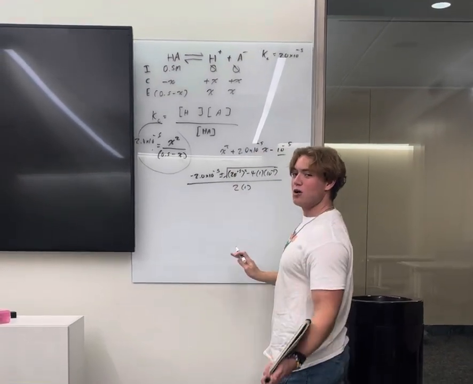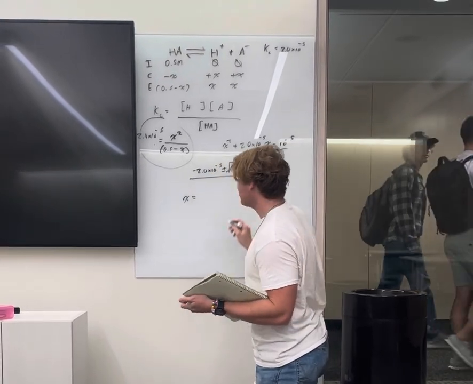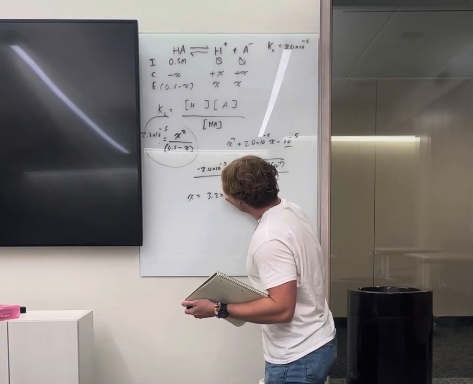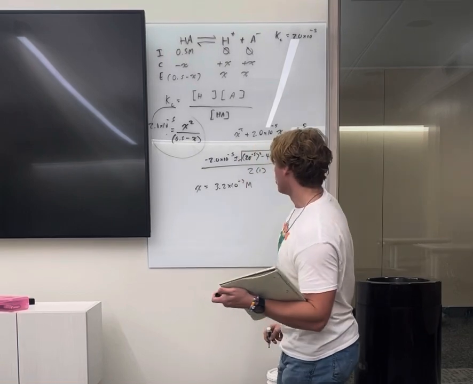If you go through all this trouble, you can then find that our x, using the quadratic formula, is equal to 3.2 times 10 to the negative 3 molar. (The e here means 10 to the power of.)